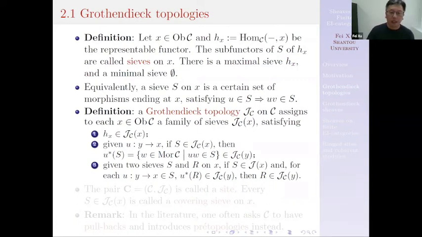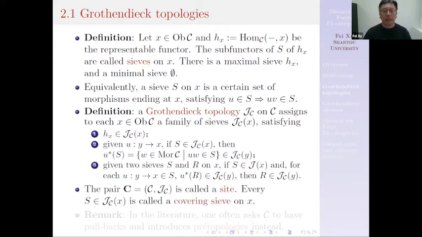The third means that if you have a space X and an open covering, and each member of this open covering has its own open covering, then putting them all together becomes a new covering. That's what these axioms say. And the first one simply says an open set covers itself.